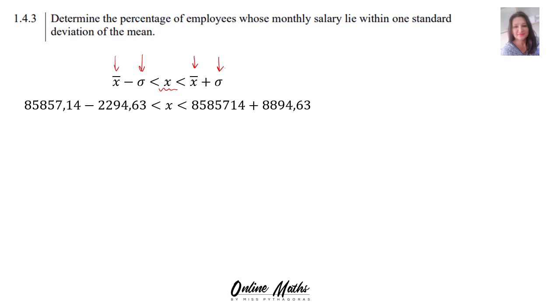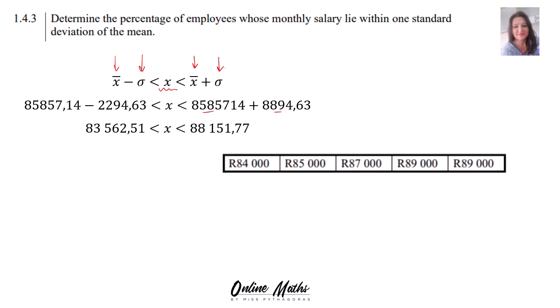Now, from the previous slides, the mean was 85,000, etc., minus the standard deviation, the 2,200, and then on the right hand side, it's the mean plus the standard deviation, and then you get 2 values. Now, what are you going to do with those 2 values? Remember, our data for that interval was the 84,000, 85,000, etc., but then the other 2 came with, so now there's also added the 83,000 and the 84,000.